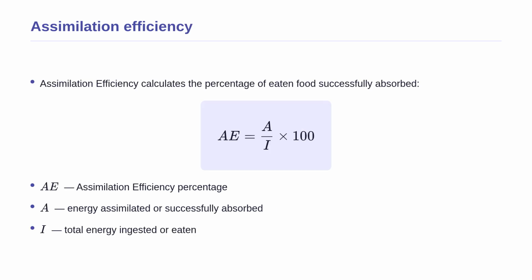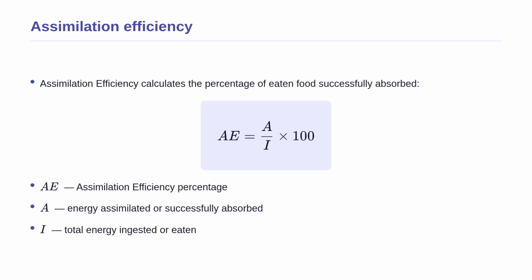To understand exactly where the energy goes, let us look at the formulas used to calculate how an organism processes its food, starting with assimilation efficiency. Conceptually, this formula tells us what percentage of the food eaten actually makes it into the bloodstream instead of passing straight through as waste.